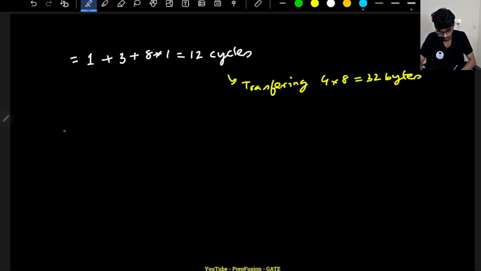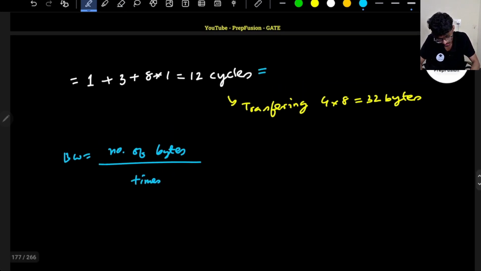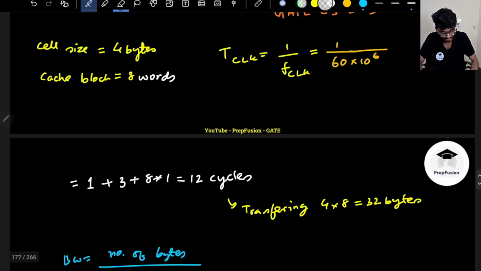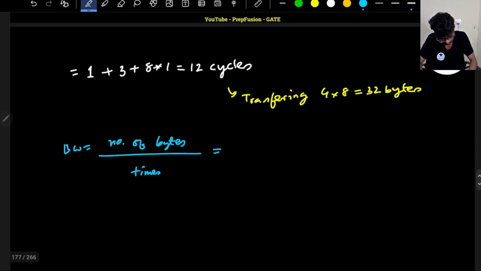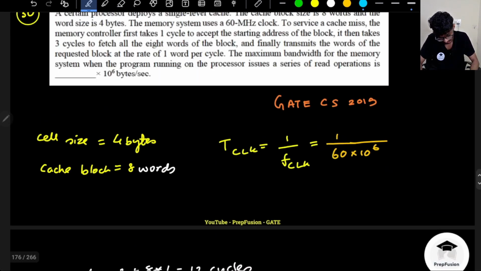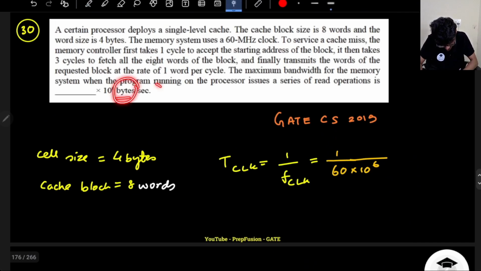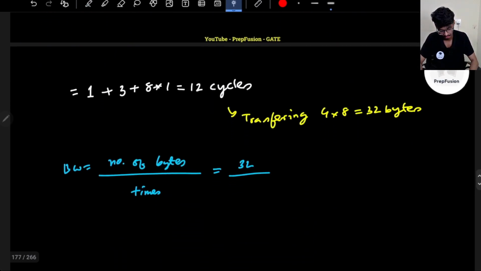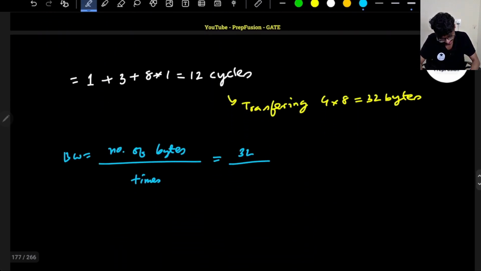So what will be the bandwidth? Bandwidth will be the number of bytes divided by the time consumed to send those bytes, right? One cycle is T clock. 12 cycles will be 12 into T clock. So this will be the number of bytes, that is 32, divided by the time, because they have asked, just see the units. Units is bytes per second. So time is 12 cycles into T clock. So 32 divided by 12 into T clock is how much?